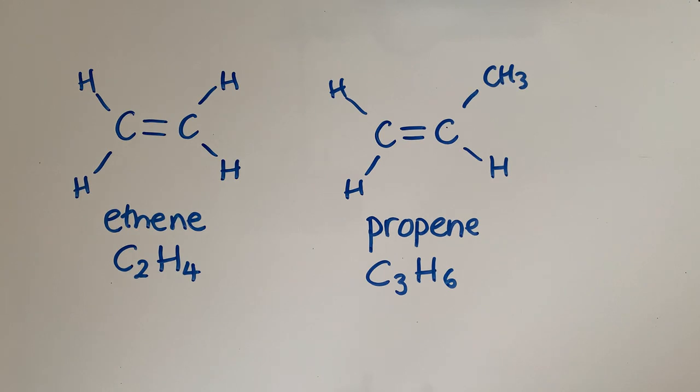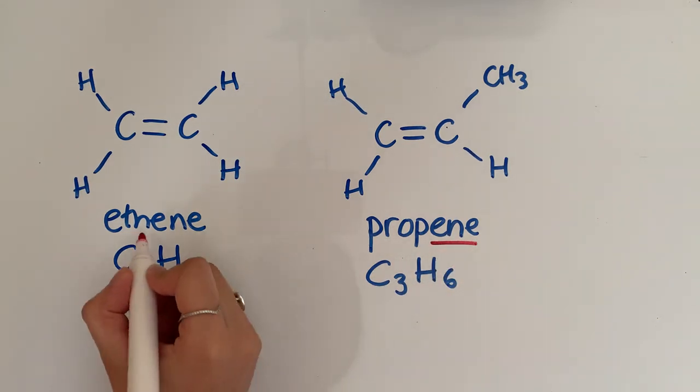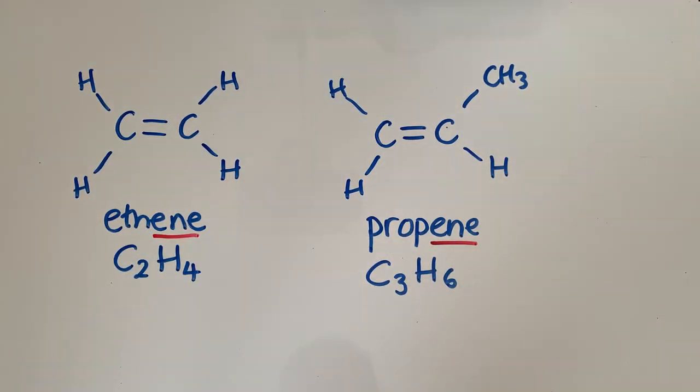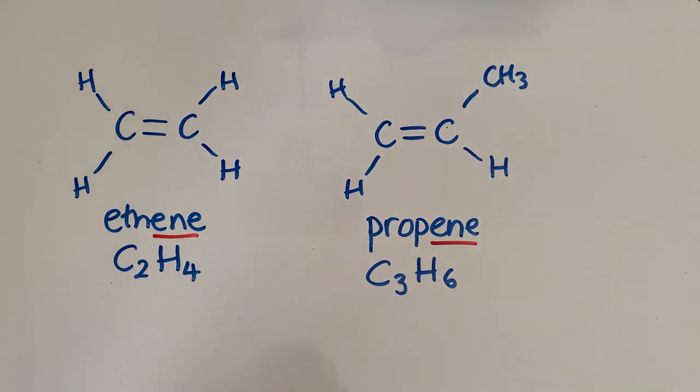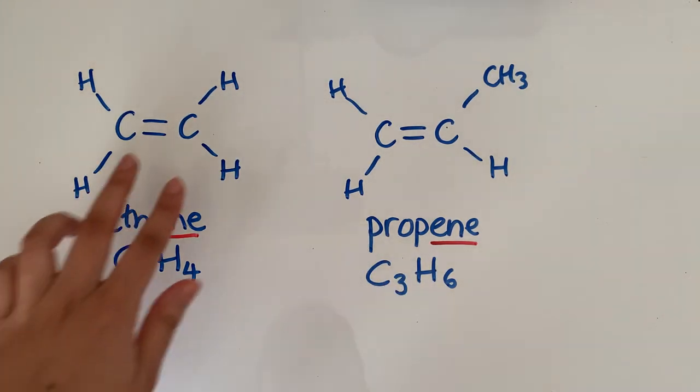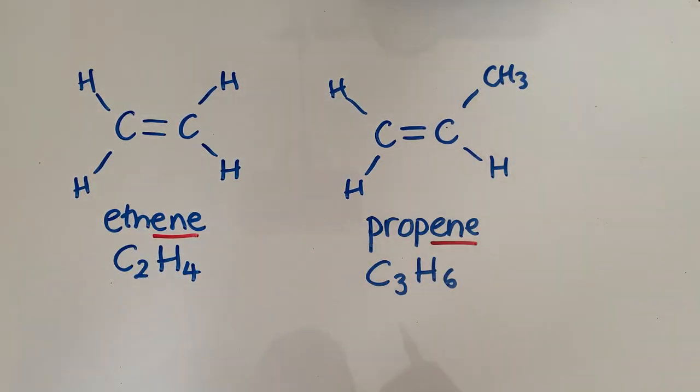In terms of naming these, I will go over naming them in a different video, but as you can see, alkenes end in -ene. Okay, so if it ends in -ene, that tells you it's the alkene functional group, it has a double bond in it. The prefix at the beginning tells us how many carbon atoms are in them, so eth for 2, prop for 3, and so on.